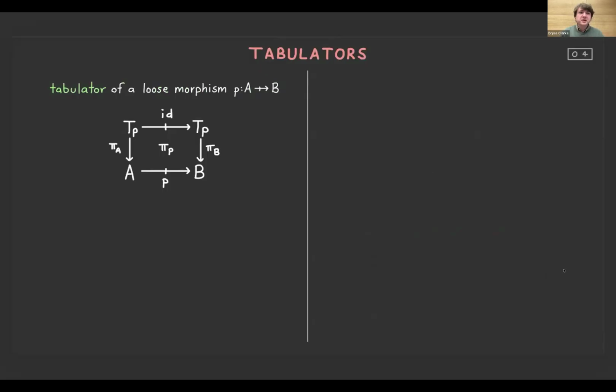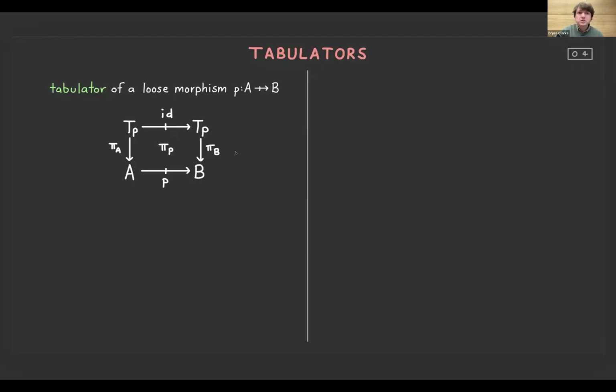And this talks about the free tabulator completion, so I should tell you what a tabulator is. If you start with a loose morphism P from A to B, the tabulator is a cell like this. It's some object T(P) together with some left projection π_A, some right projection π_B, and some cell like this, where the upper boundary is the identity.